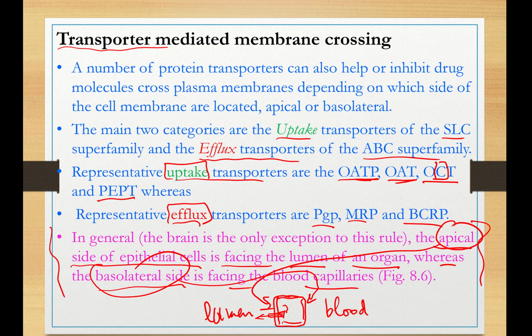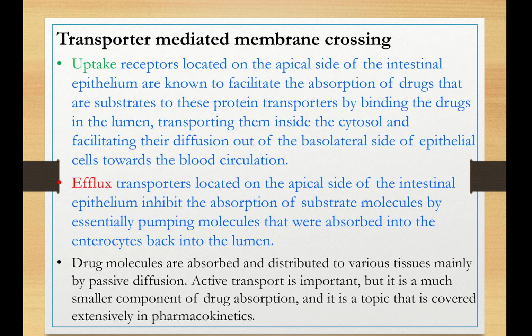If you had an uptake transporter on the apical side, the uptake transporter will get it inside the cell and it will facilitate its absorption toward the blood. Simple as that. So this is what I have described before, so you can read it at your own leisure.